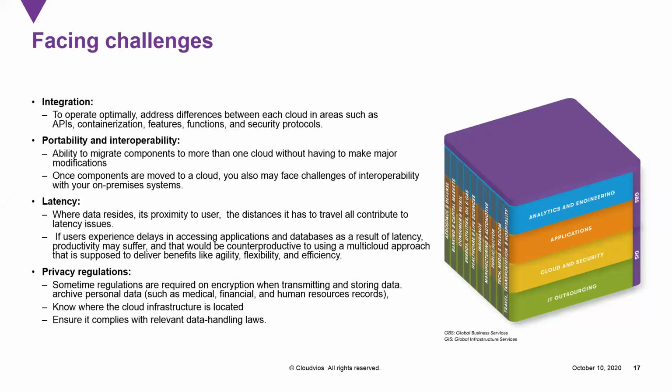So we need to ensure that our APIs are working correctly, containerization is there, and security protocols are functioning fine. And whenever we are moving from one cloud to the other, we should get the same set of security, no matter which cloud we are running our workload on.